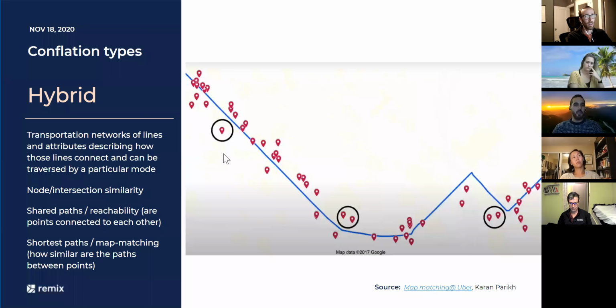And in this case, it's not that easy as to just say, what is the closest street? Because there could be two, there could be three, you don't know what is the error of the GPS, you need more context. So what these kind of algorithms do, the hybrid ones, they take the whole context. They take the whole story of the points, the whole story of the track, and they optimize for the group. And they say, this is the most probable path.